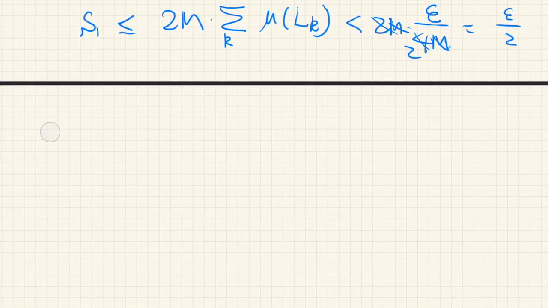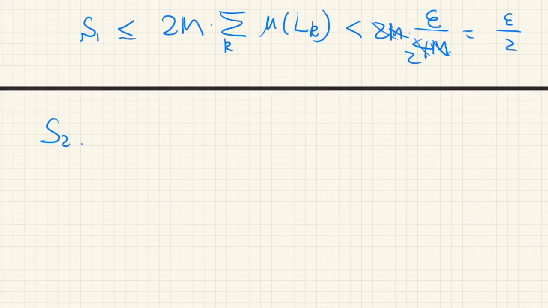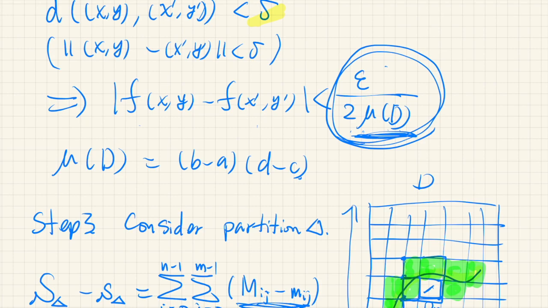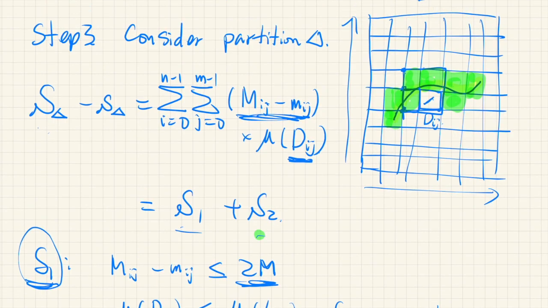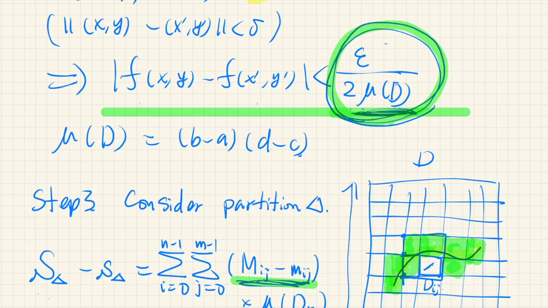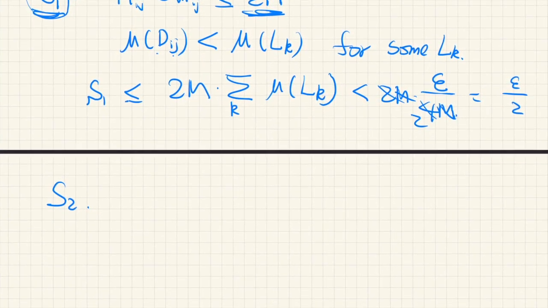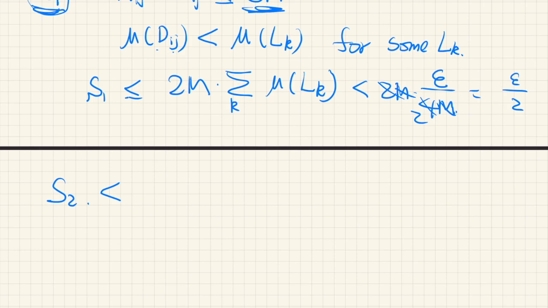Next, as for S2, because of the uniform continuity, we have this inequality. So this capital Mij minus lowercase mij is less than this value, epsilon over 2 mu of d. So this is less than the sum over i and j, but this summation is only limited to those ij's that are involved in this S2, okay?